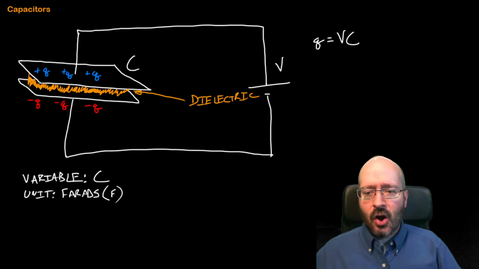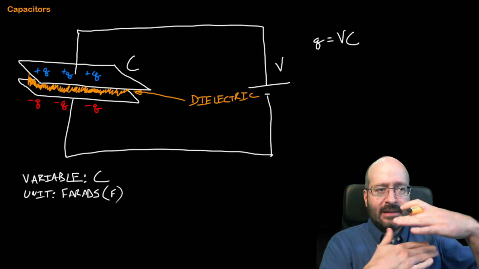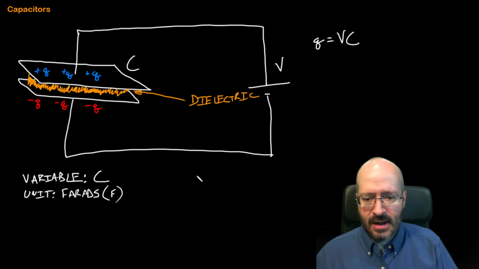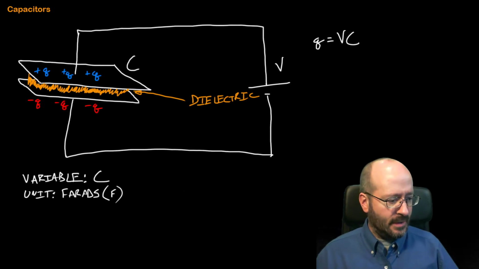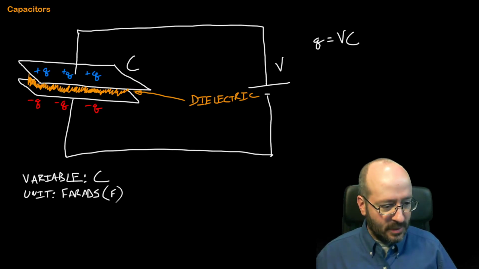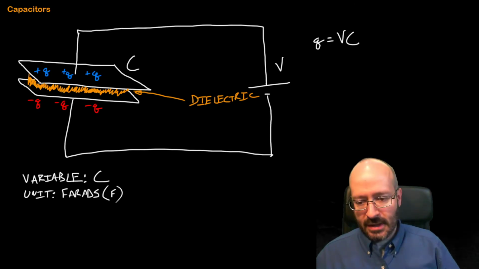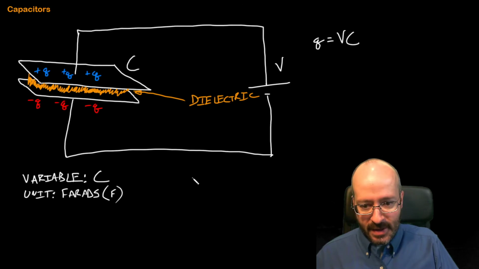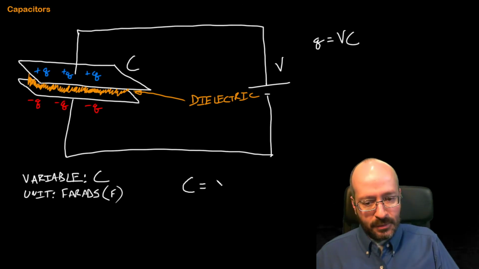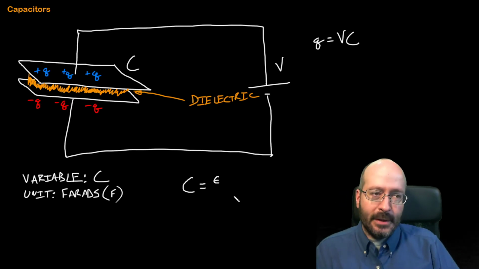All of these plates can be described using a different formula. So just like with resistors, we can look at the physical composition of the plate, and we can talk about the capacitance being equal to epsilon. Epsilon is the permeability.